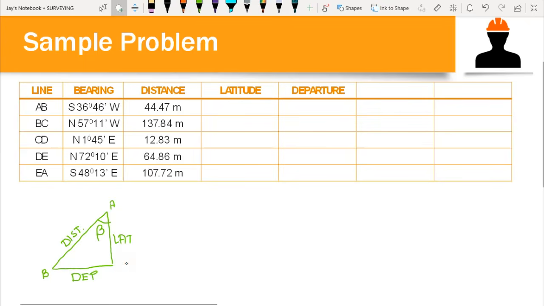Upon looking at the right triangle, we can compute latitude here using cosine. From the mnemonic SOHCAHTOA, cosine is adjacent over hypotenuse, correct? So cosine of the bearing angle beta is equal to the adjacent, which is the latitude, over the hypotenuse.